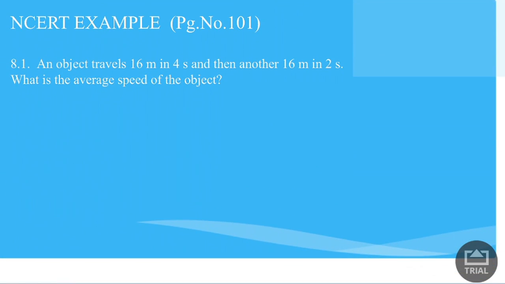Next one, an object travels 16 meters in 4 seconds. So the distance in the first journey is 16 meters.